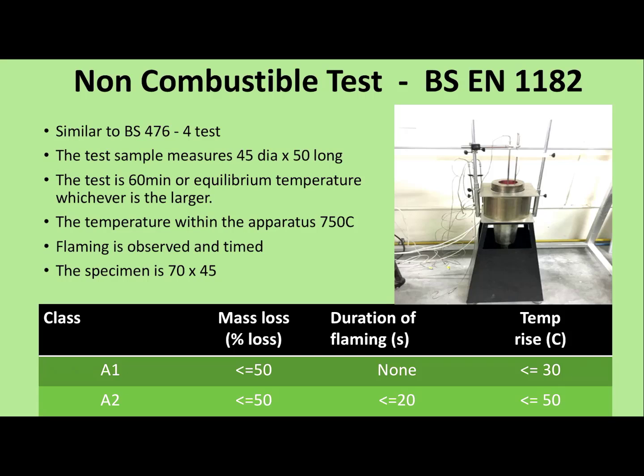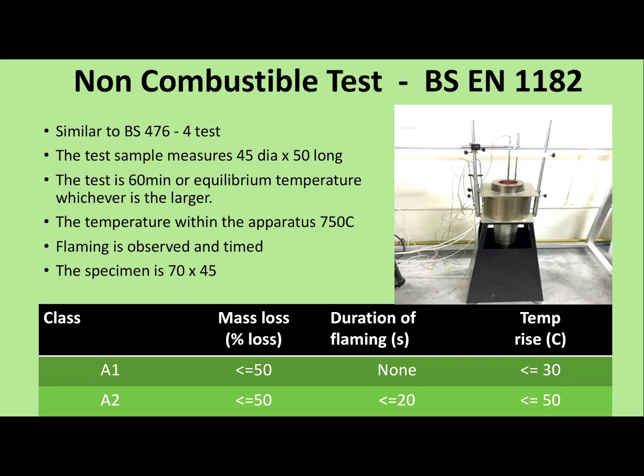So it's allowed to lose 50% of its mass, and at all stages the furnace temperature is monitored, and any temperature rise above that 750 degrees will be down to the contribution of the sample, and that is different for both products. If you're looking for A1, then it can't lose more than 50% of its mass. We've already discussed that.